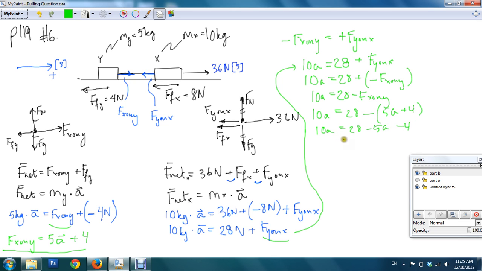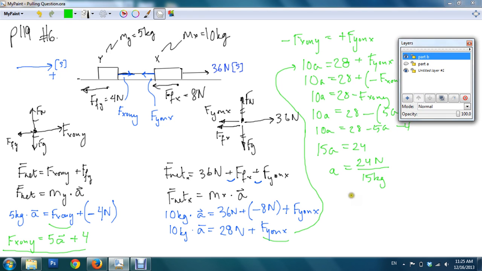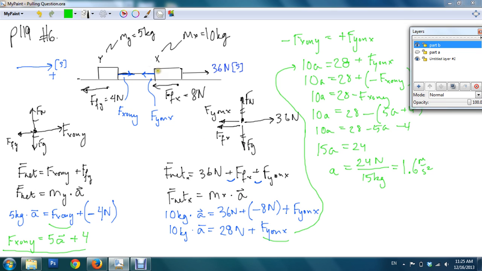So group the a's on this side, so 10 plus 5 is going to be 15a. And on this side we have 28 minus 4 is 24. So a, if we had kept the units, we would get this: 24 newtons divided by 15 kilograms, which equals 1.6 meters per second squared. That is the acceleration of the system.